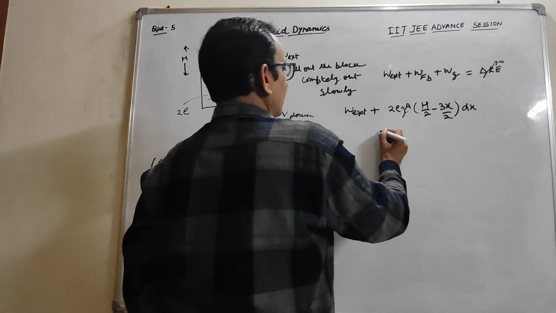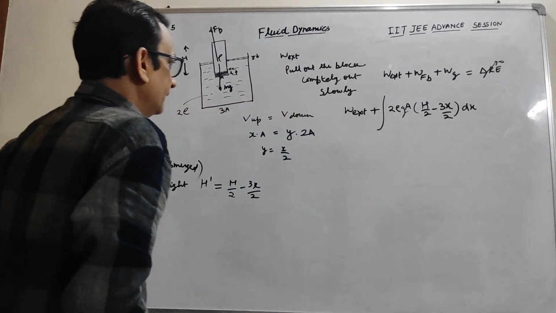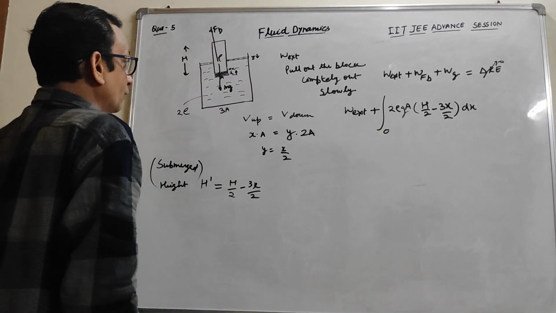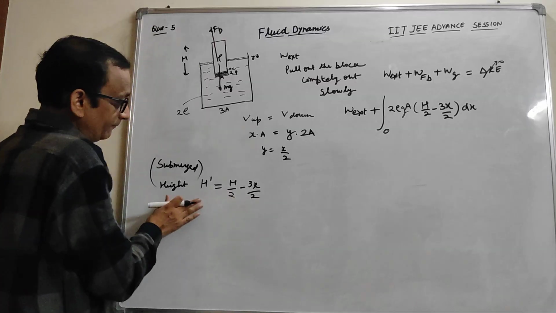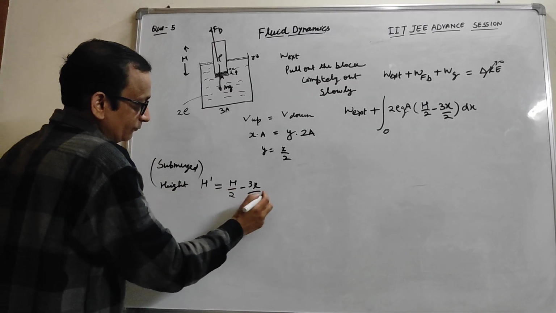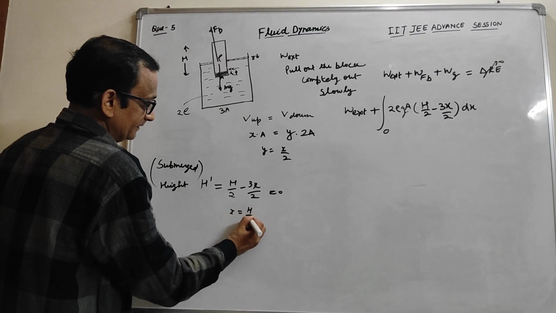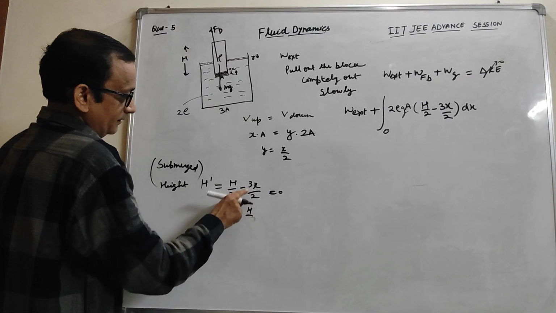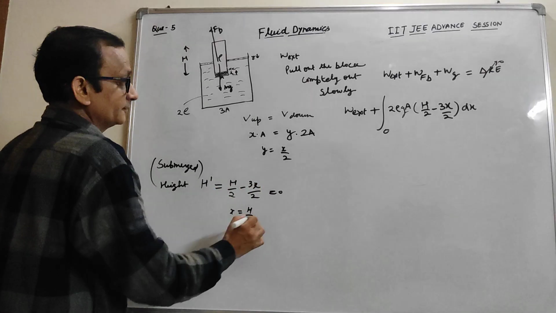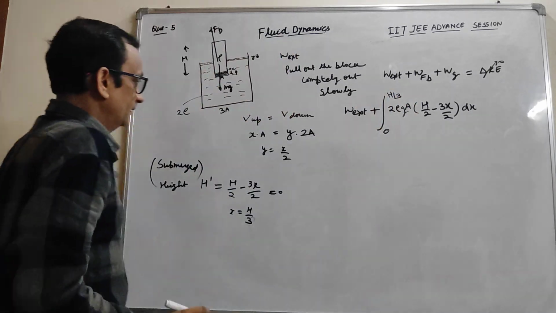And work done by gravitation, and limits: initially x is equal to 0, and finally we have to remove this s dash. So s dash would be 0, so x would be h by 3. 3x by 2 is equal to h by 2, so x is equal to h by 3. So limit would be 0 to h by 3.